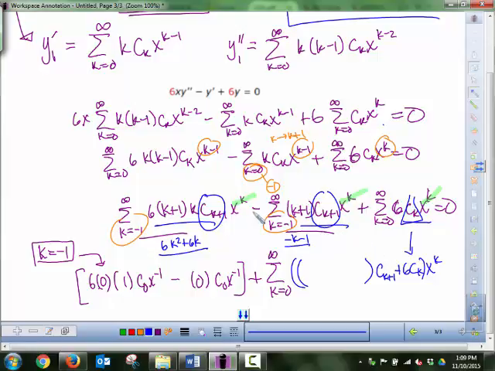A negative sign out here and k plus 1, so negative k minus 1. And so I want to combine these two together, put that in there. So I got 6k squared plus 5k minus 1.